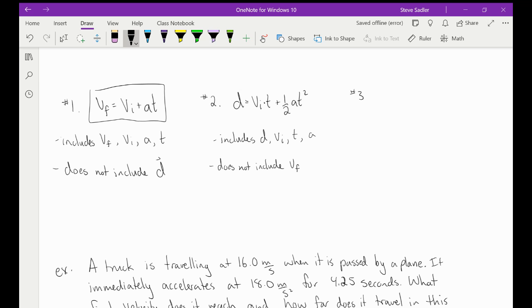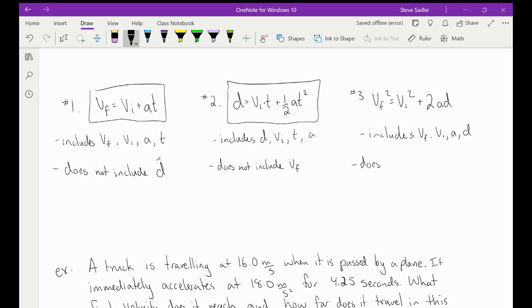So you don't need to know the final velocity in order to use that equation. And the last one is V final squared is equal to V initial squared plus 2AD. This one includes V final, V initial, acceleration, and distance, but it does not include time.